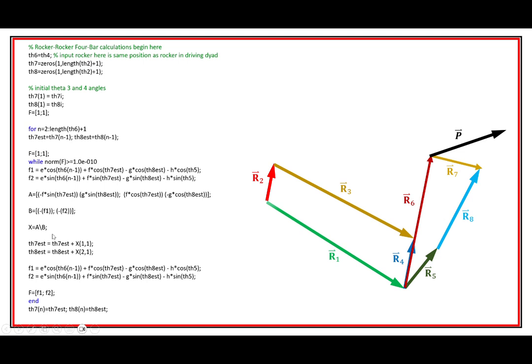And now we have all the angles. We have 4 pieces of information that are tied, which are theta 3, theta 4, theta 7, and theta 8. And we have those for every time step that's related to a theta 2, which is the main input.